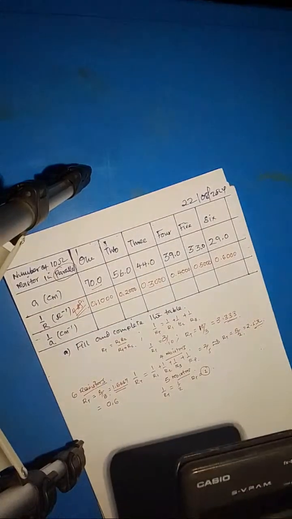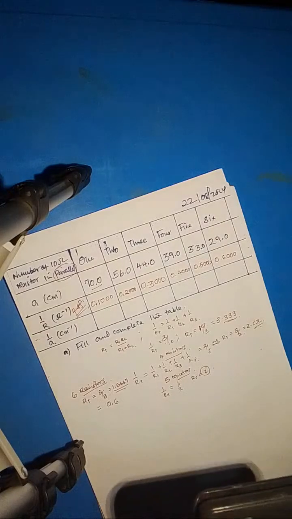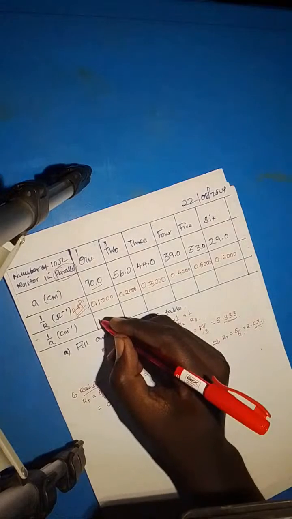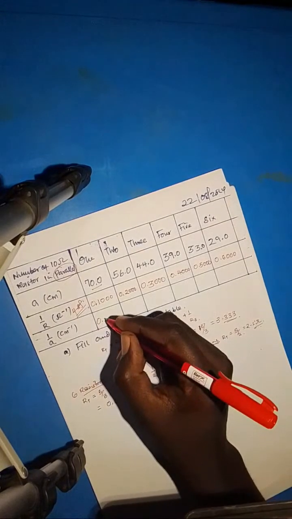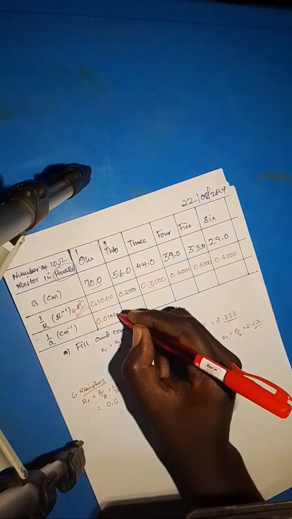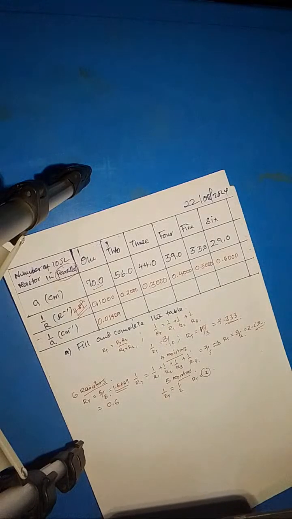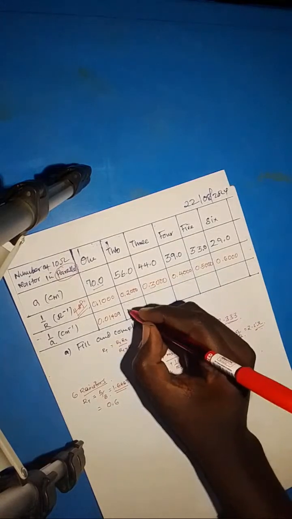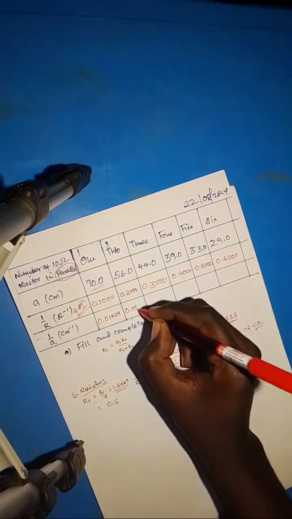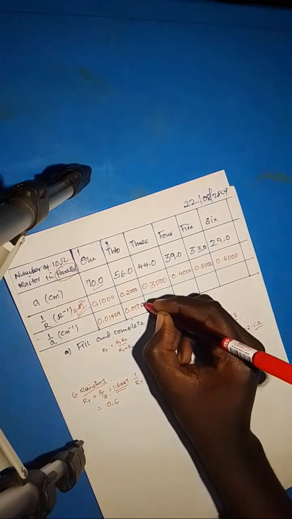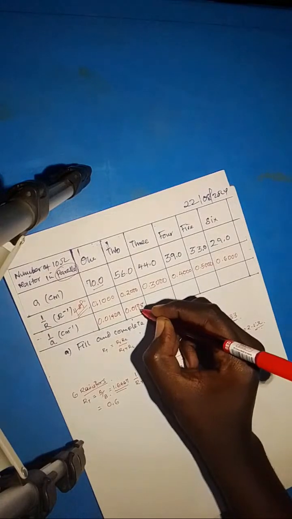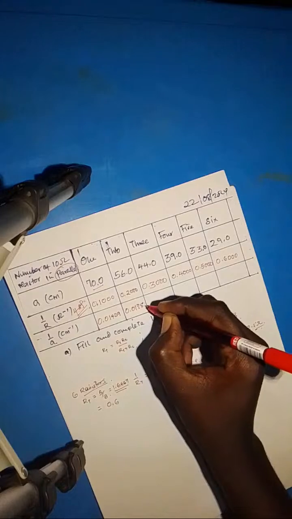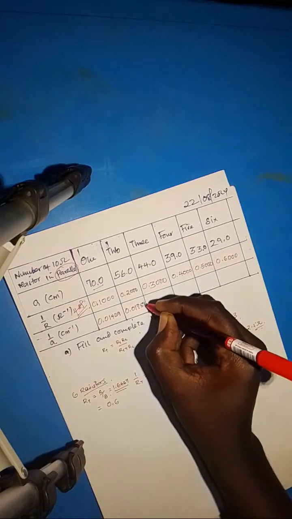Now the inverse of 70 arrives at 0.014289. The inverse of 56 becomes 0.0178.